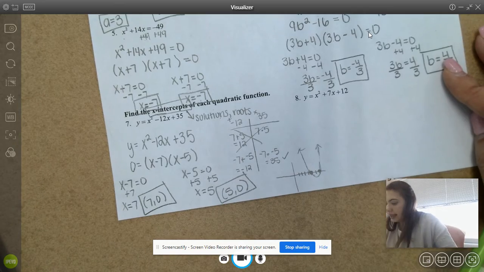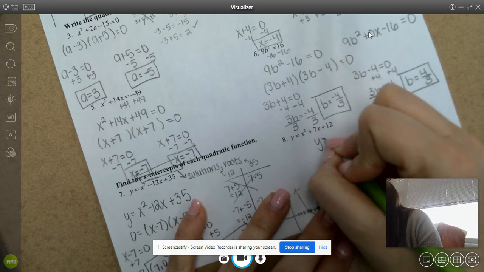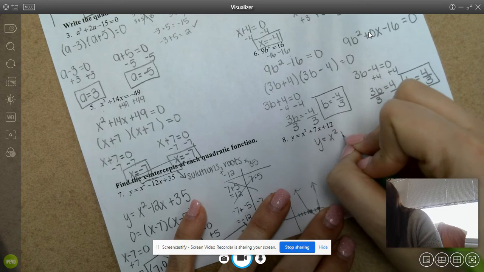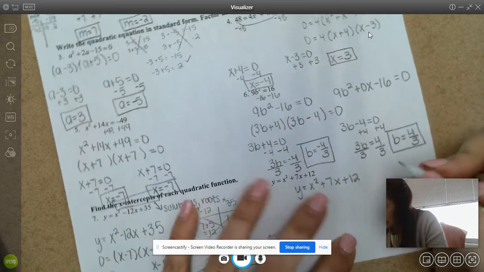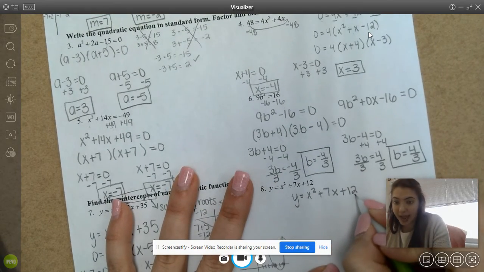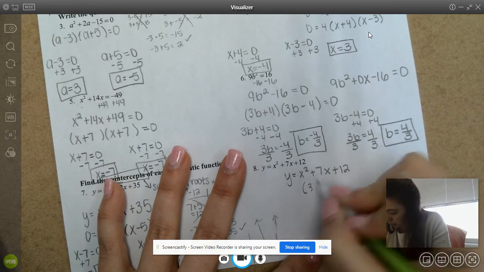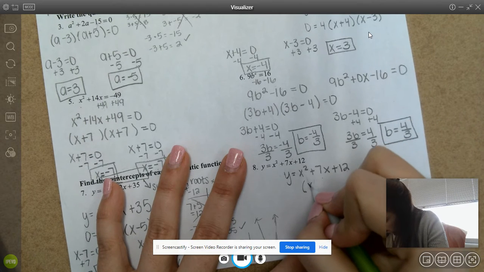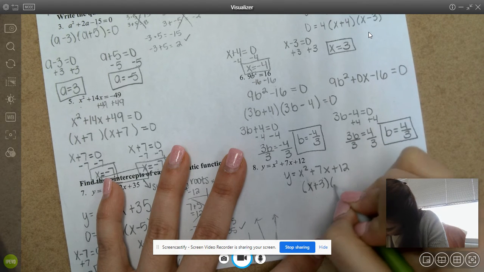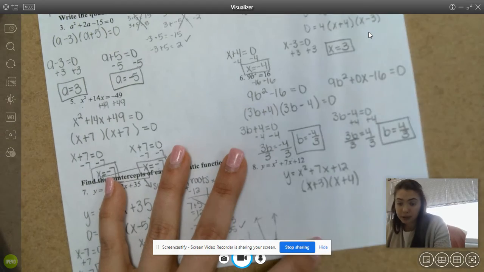All right, and then last but not least, for number 8, we have the equation y equals x squared plus 7x plus 12. And 2 numbers that multiply to 12 and add to 7 are, I was going to put the 3 first, I'm sorry, guys, x plus 3 times x plus 4. 3 times 4 is 12, 3 plus 4 is 7.